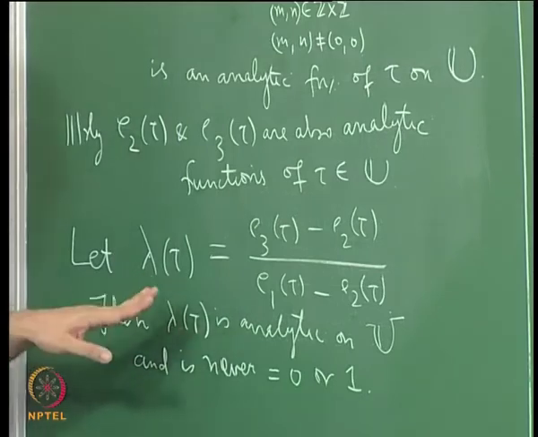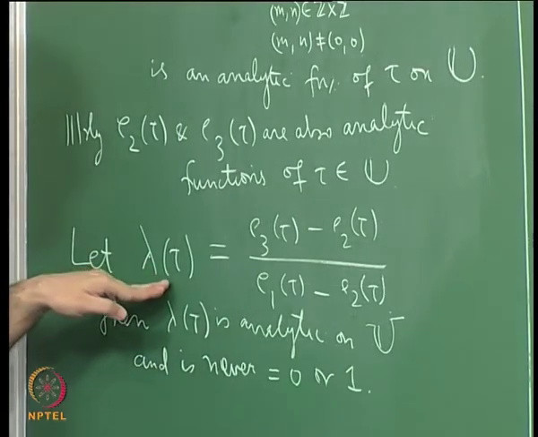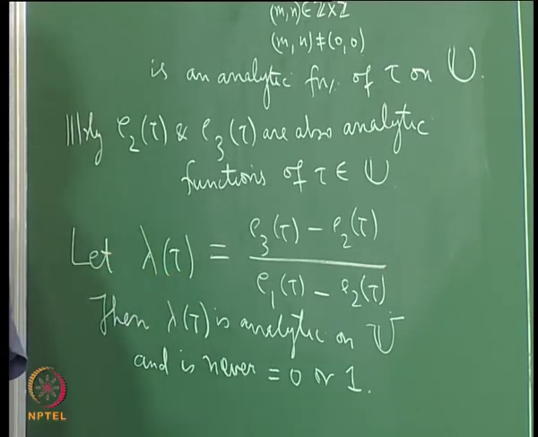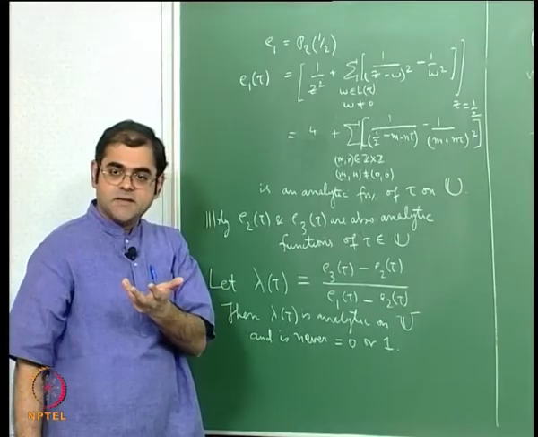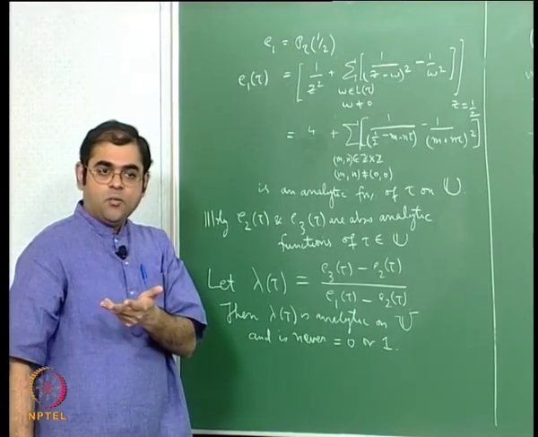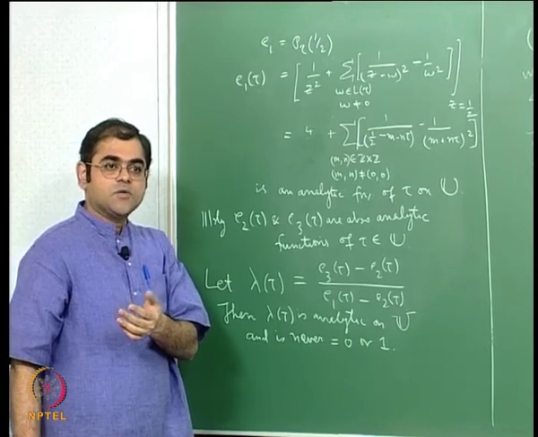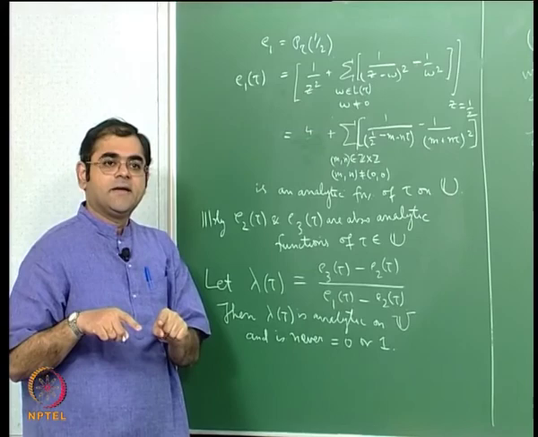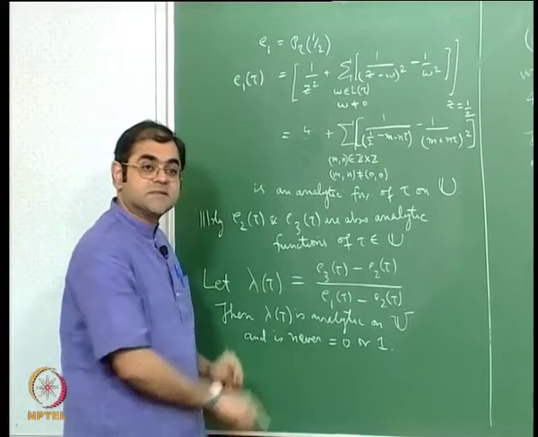And why this function is so important is because you will see that if you compose this function with an automorphism of the upper half plane given by a unimodular matrix whose entries, if you read mod 2, you get the identity matrix, then this function is invariant.